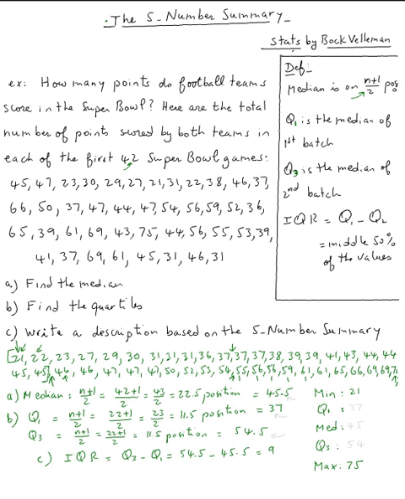The first quartile, we found right there, is 37. The median is 45, we're not going to write 45.5. And then Q3 is 54. So this is how you need to display the 5-number summary.